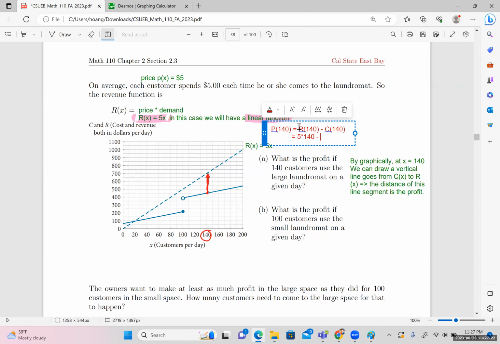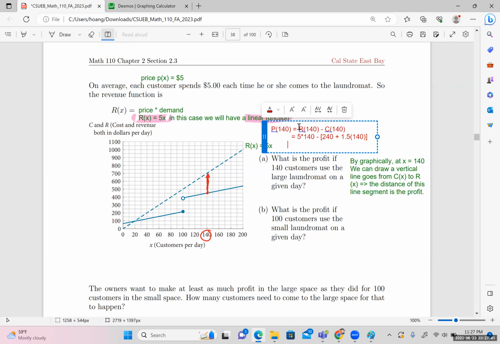You use the second function of the cost, which is 240 plus 1.5 times 140.